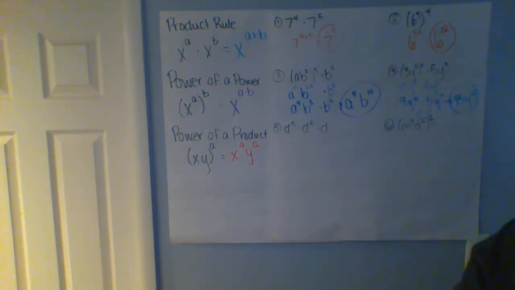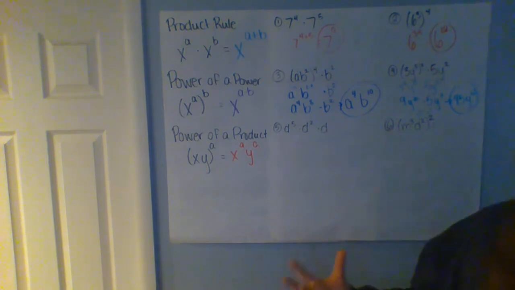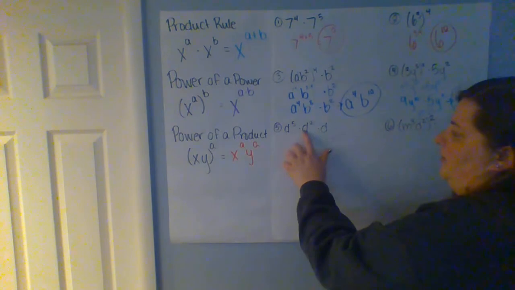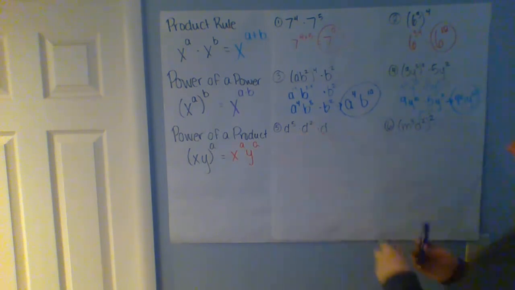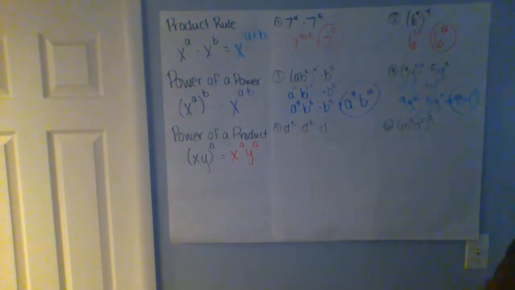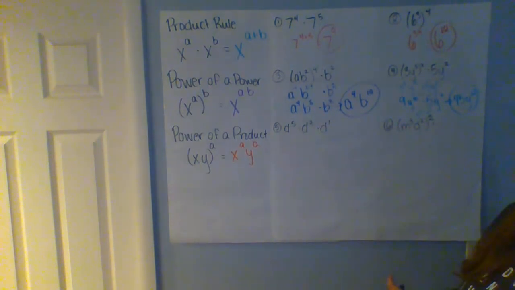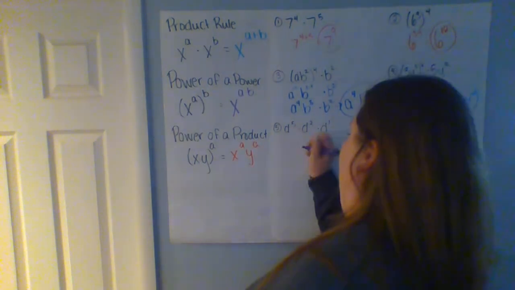Our fifth example is just a really big product rule. So we have d to the 5th times d to the 2nd times d. Since there's nothing on that d, we think of that as having a 1. So we're going to use our product rule that tells us to add our exponents.